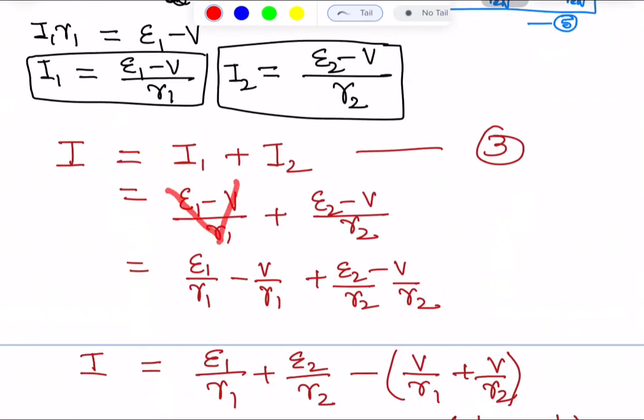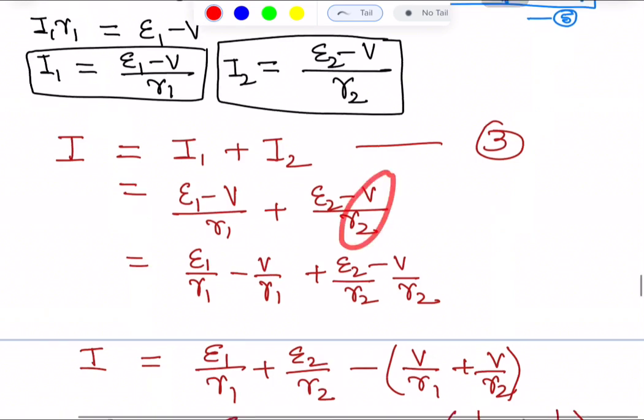Separate this into two fractions, E1 by R1 minus V by R1, and then E2 by R2 minus V by R2.